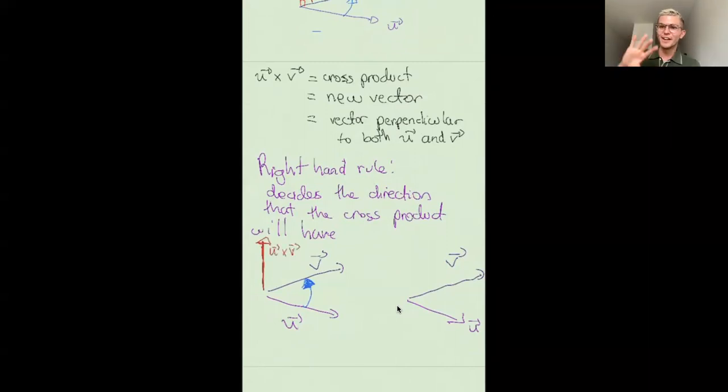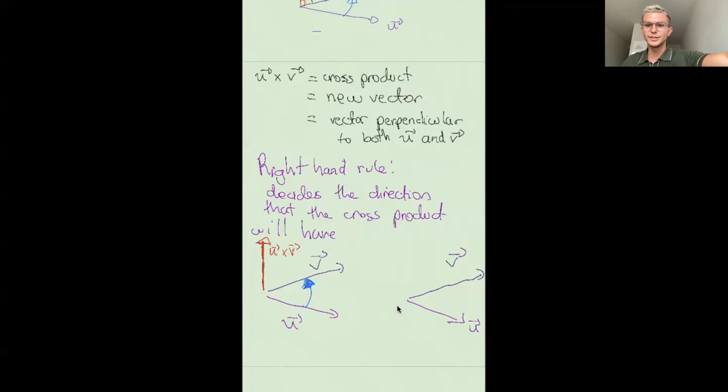But if you were to do v cross u, right? Then this is u cross v, but if I were to do v cross u, now I have to put my fingers along v, and then I have to close up towards u. I don't know if you saw that my thumb changed directions.